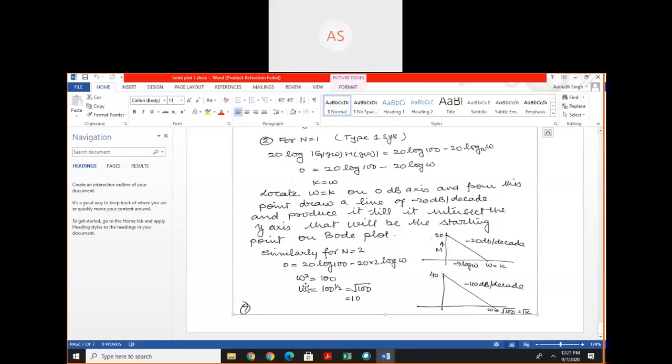So omega square is equal to 100, or omega is equal to 10. So when omega is equal to 10, from this point we draw a line of minus 40 dB per decade and produce this line till it intersects the y-axis, and that will be the starting point for the plot for a type 2 system.